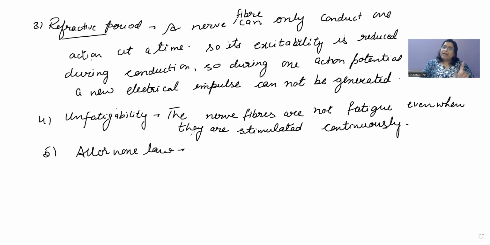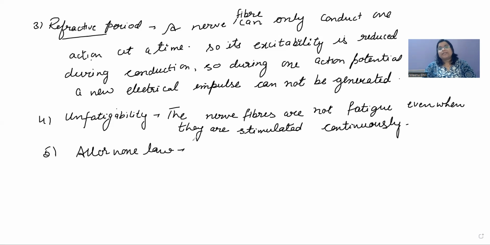That means either a nerve fiber can transmit an impulse or not. Either it will respond or it will not respond. It depends on the threshold value.